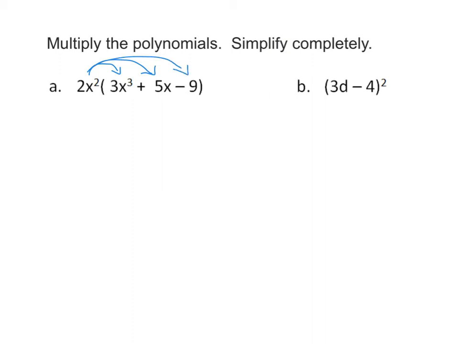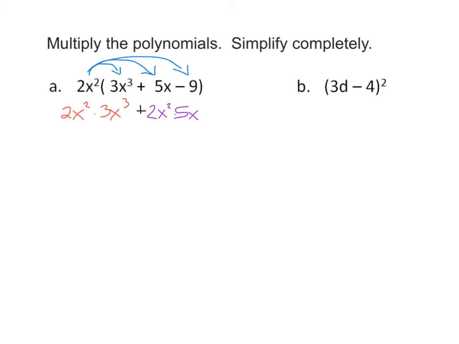We're going to multiply that exterior factor by everything in the parentheses. When we do this, I'm going to write every piece out and then show you how we're going to simplify using our exponent rules. So the first thing I'm going to do is multiply 2x squared times 3x to the third. Plus, I'm going to multiply the 2x squared times the positive 5x, so I'm going to write that as 2x squared times 5x.